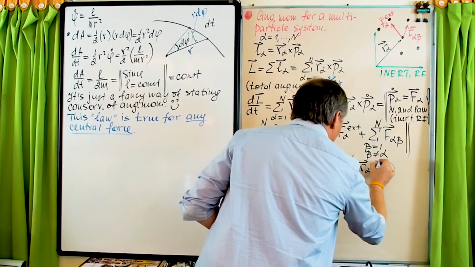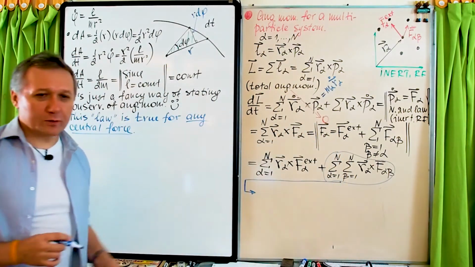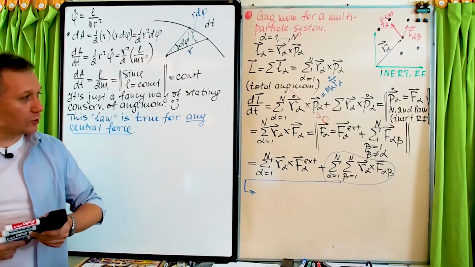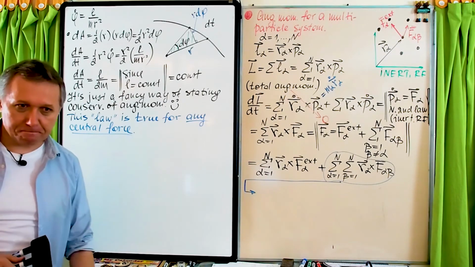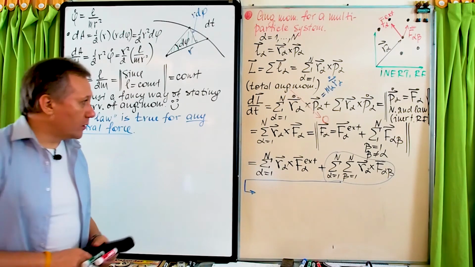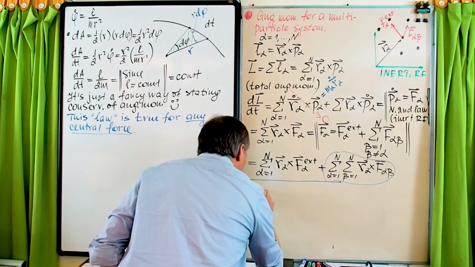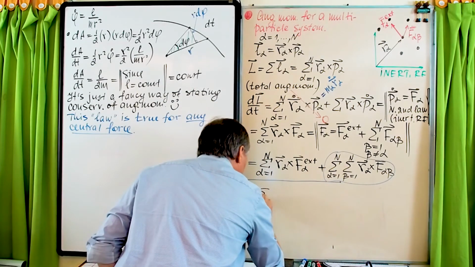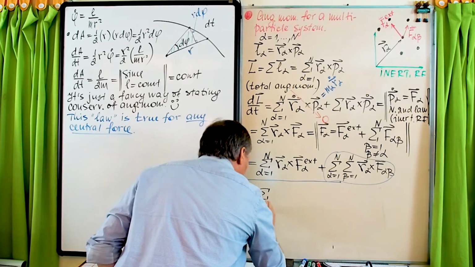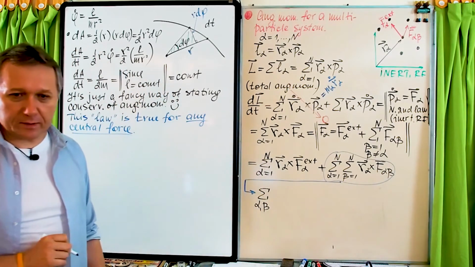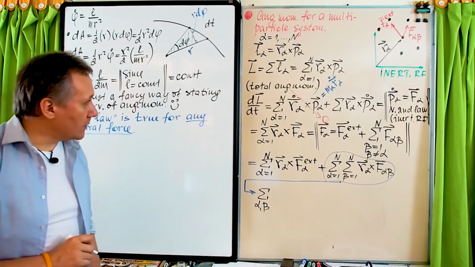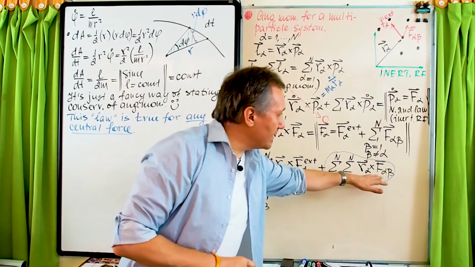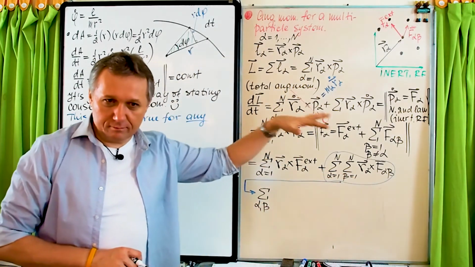So I will continue there. I just want to look at that term separately. Now, instead of two sums, I will use one double sum, the summation over alpha and beta, and I'm going to add exactly the same terms.